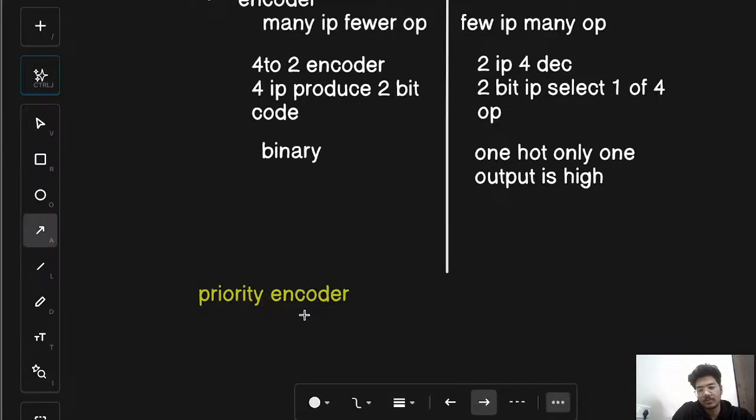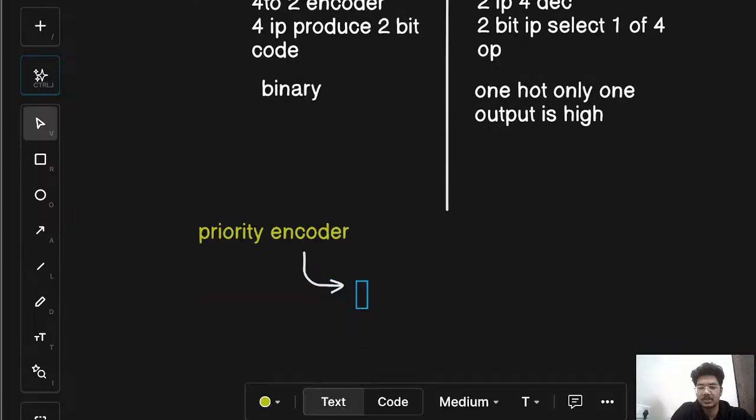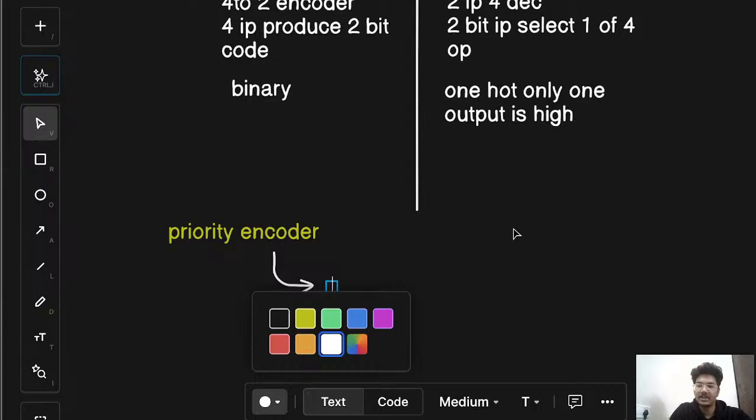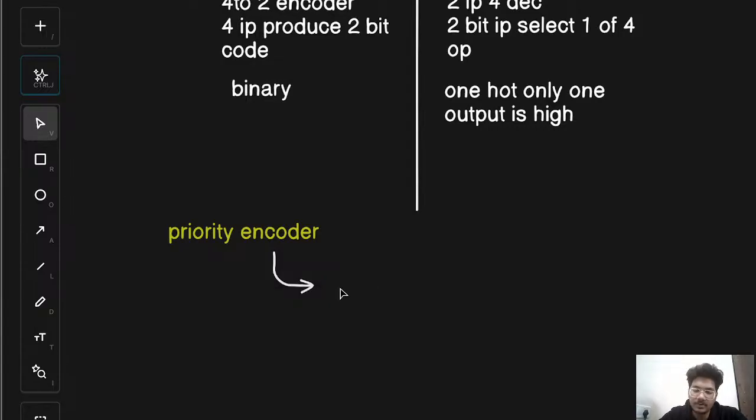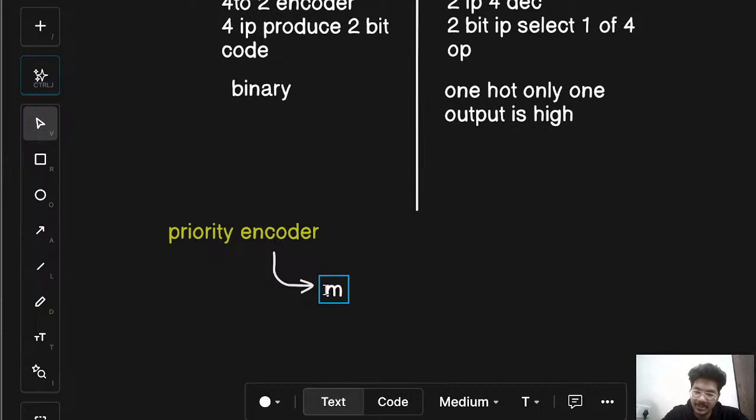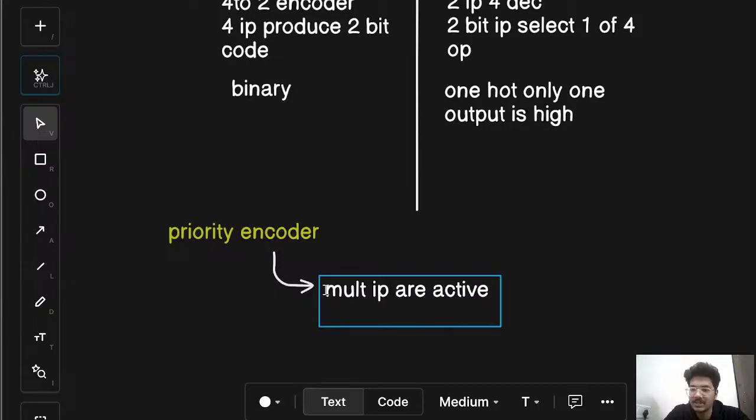A priority encoder is an encoder that has multiple inputs but fewer outputs. In a priority encoder, when multiple inputs are active simultaneously, the output is the binary of the highest priority active input.